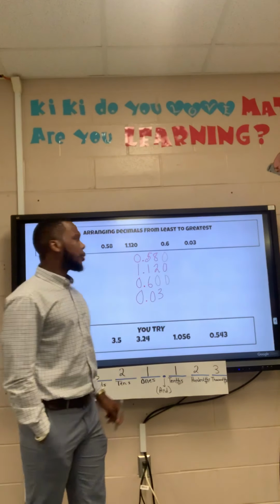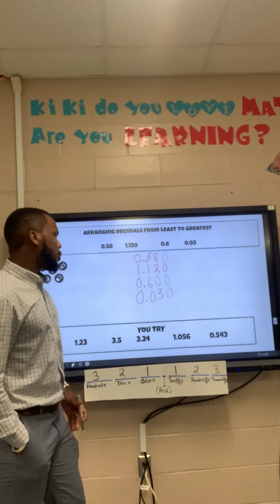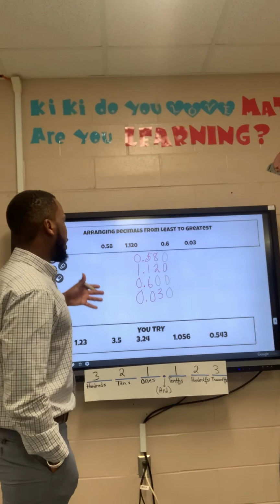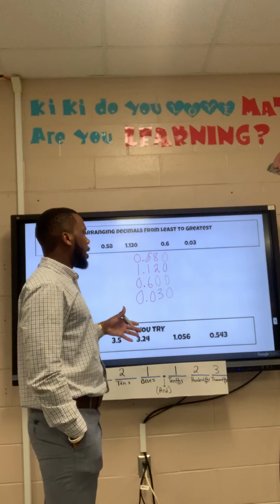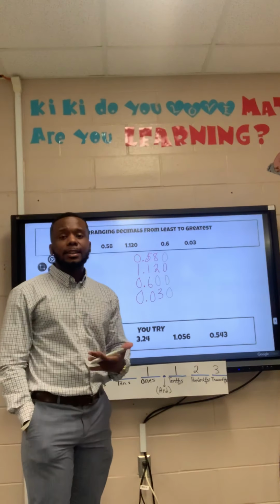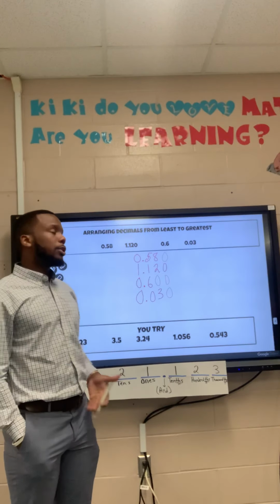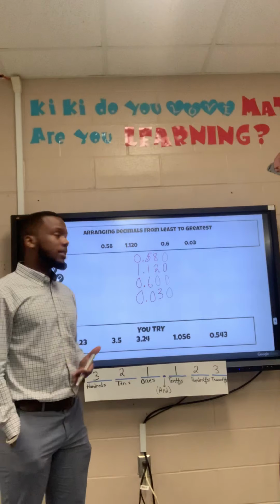And on the last number, we'll add 1 zero. We do this to get a comparison of the number as a whole, and it's easier to see which numbers are smaller versus bigger when you do it this way.